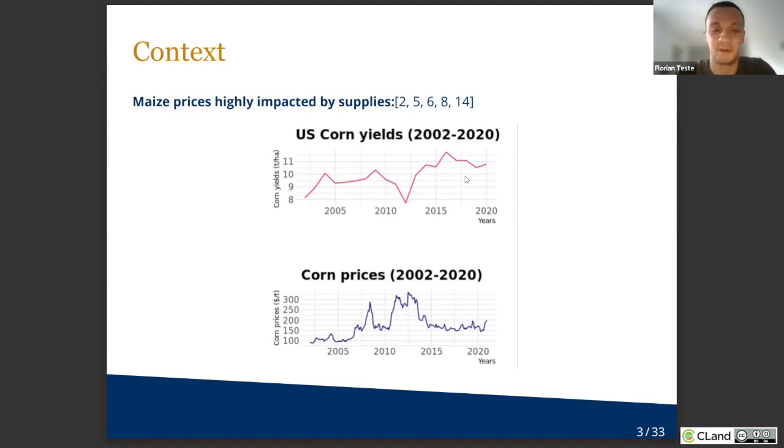So that's not very surprising. But what is interesting is that some papers also found that the US production has a significant impact on the global prices. So that means that theoretically, if you only know the US production, you might be able to predict the global price variation.